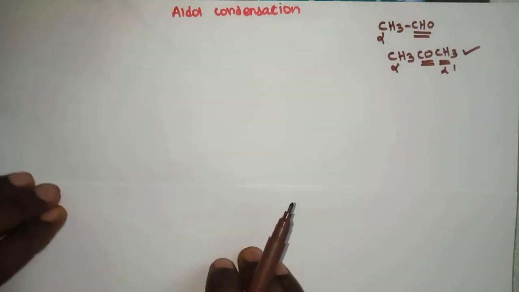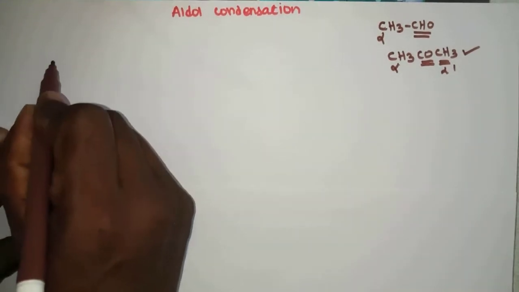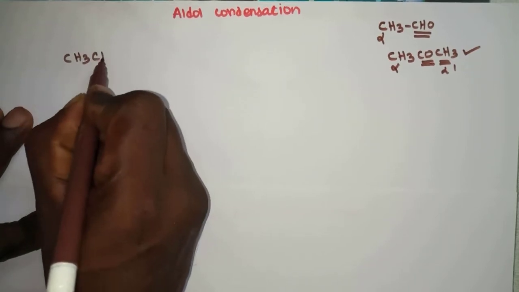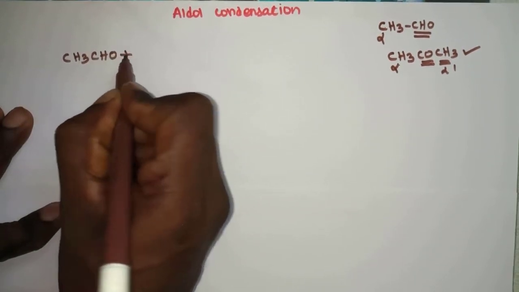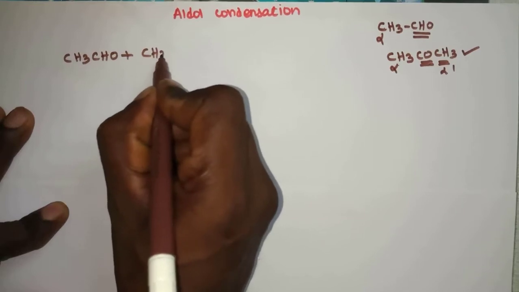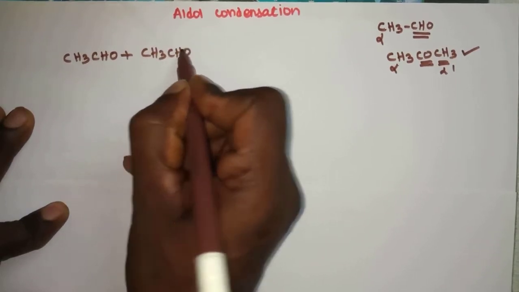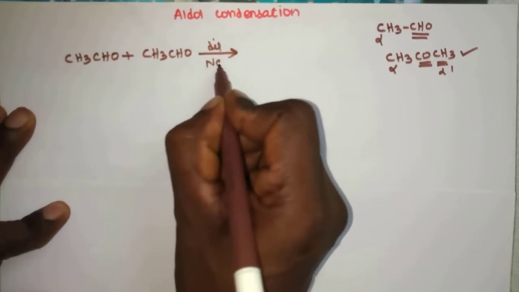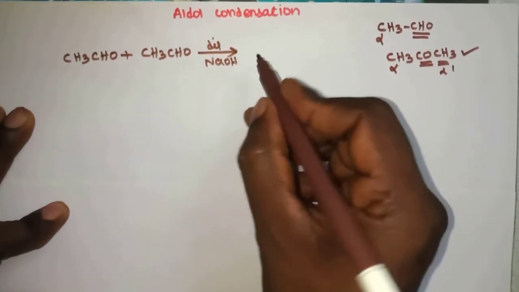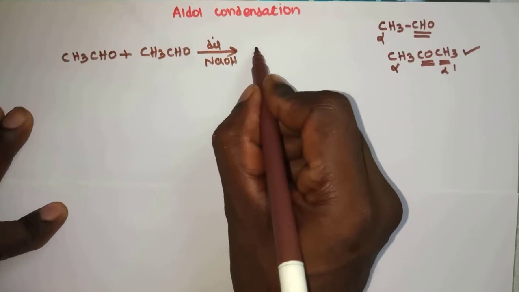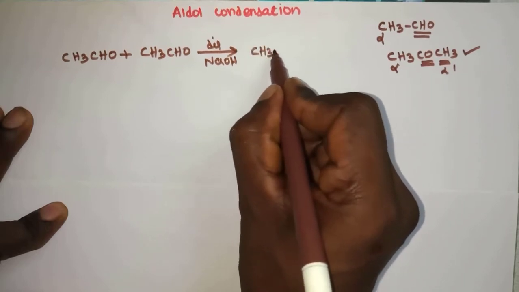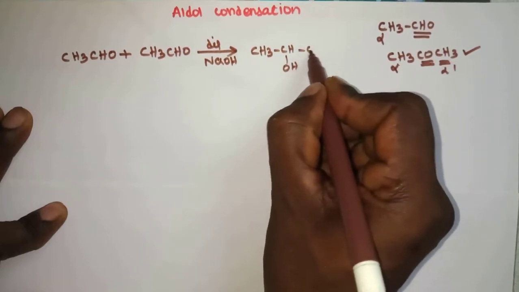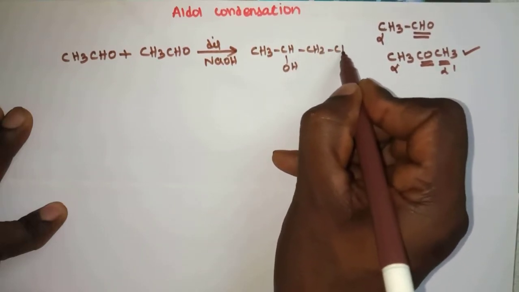One example for aldol condensation is acetaldehyde, CH3CHO. Two molecules of acetaldehyde undergo aldol condensation with dilute sodium hydroxide to form a beta hydroxy aldehyde, CH3CHOHCH2CHO.